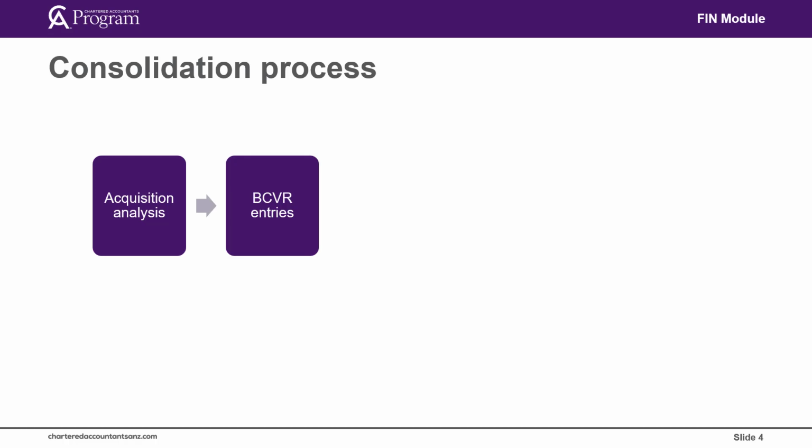In the Fin module, we recognize these entries using a business combination valuation reserve or BCVR account. Also, because we are making these fair value adjustments at the consolidation level, any depreciation or amortization on those fair value adjustments are also made through consolidation journal entries.